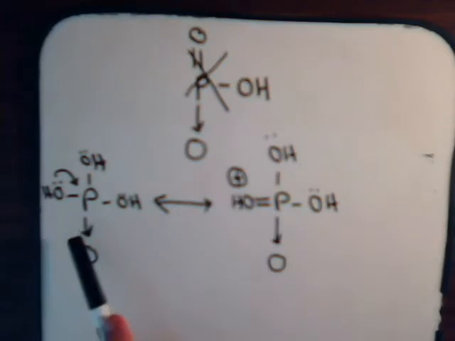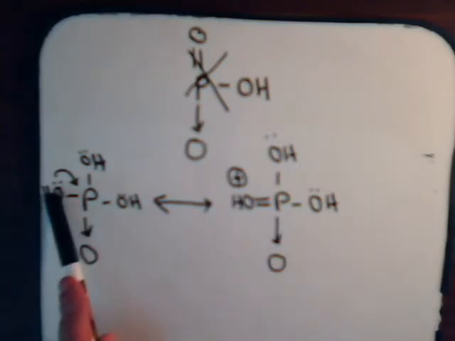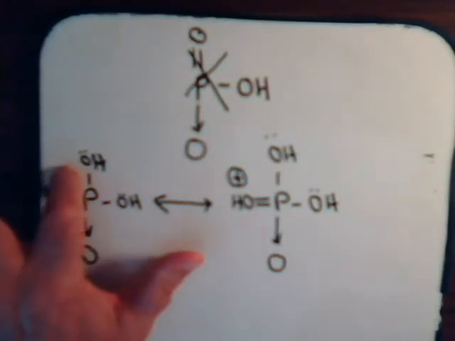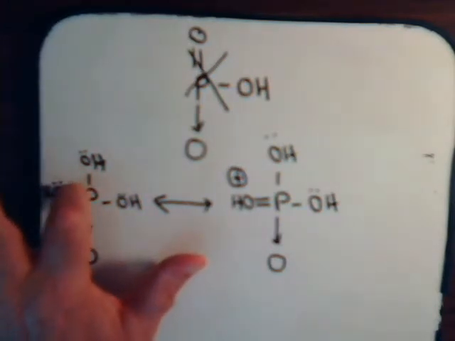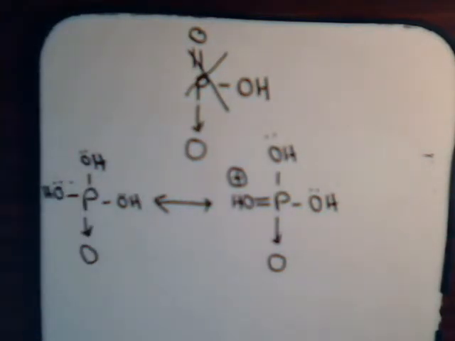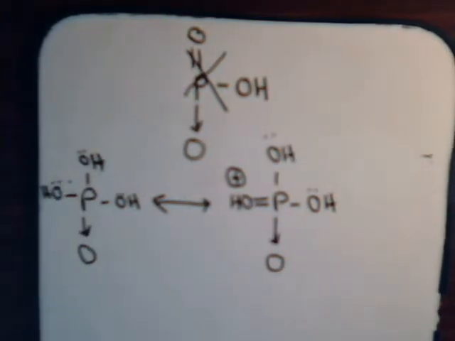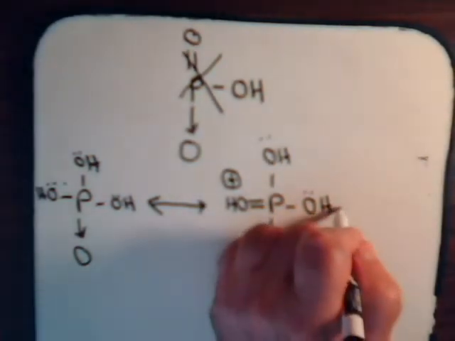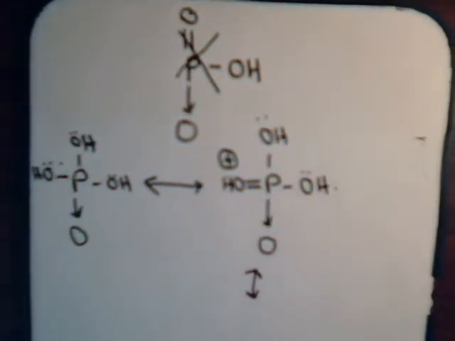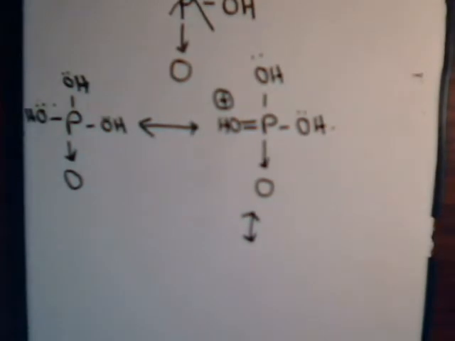Oxygen has a positive charge because it donated both of its lone electron pairs to fill that empty d orbital in phosphorus. But it didn't have to be this oxygen that donates the electron pair. It could have been this oxygen. So another way that we can write the canonical structure for phosphoric acid would be like this.